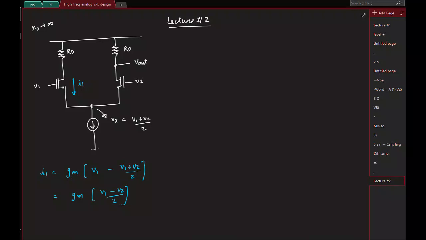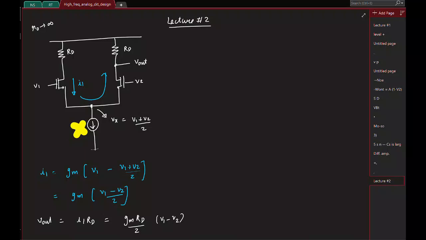And you know that in a small signal, the current source is an open. So this current I1 has to flow here, and that generates the output voltage, which is I1 times RD, and that gave the gain to be Gm RD by 2 times (V1 minus V2), right?